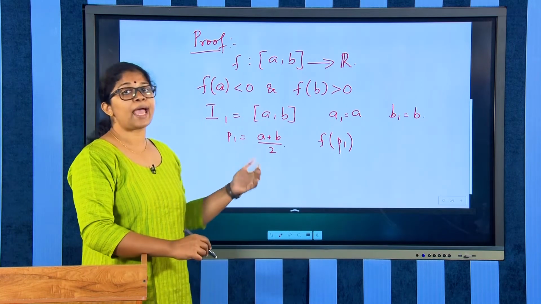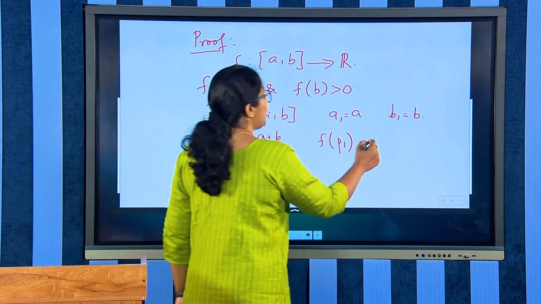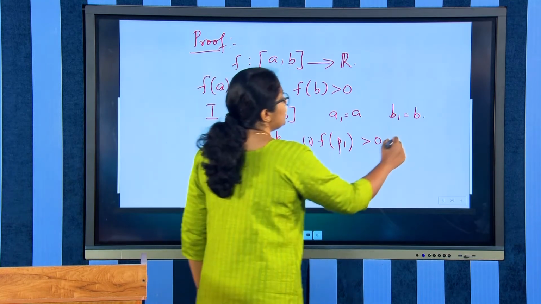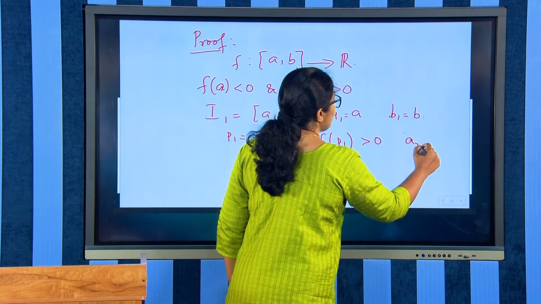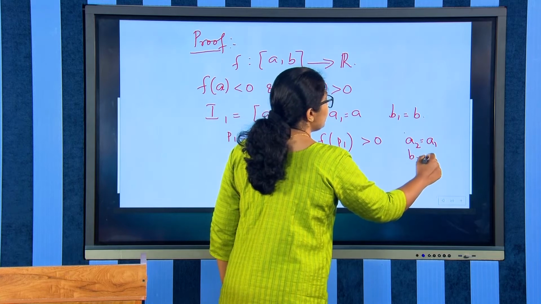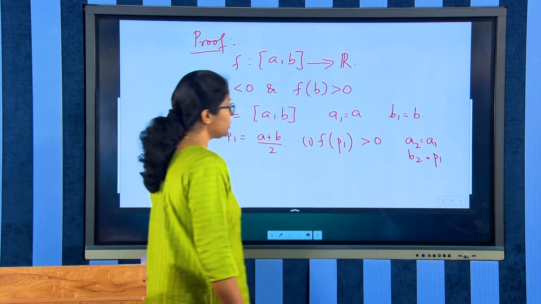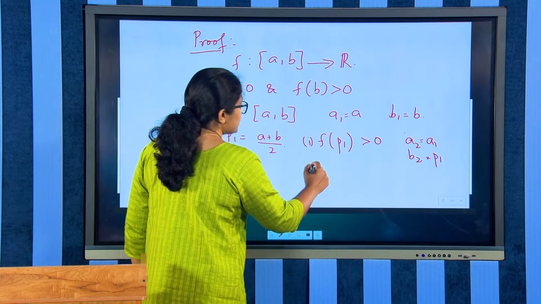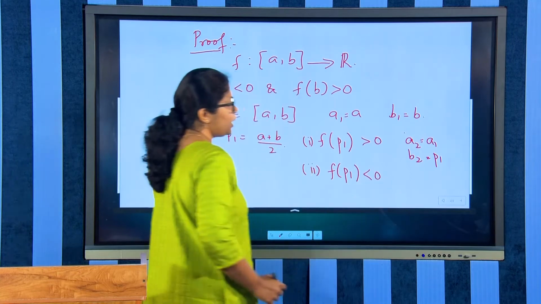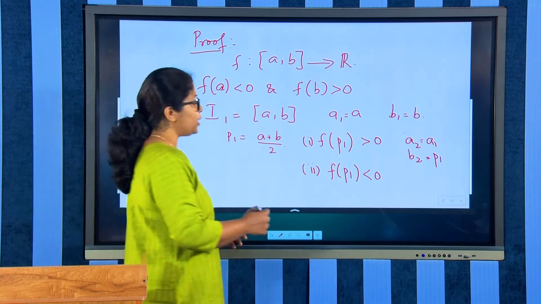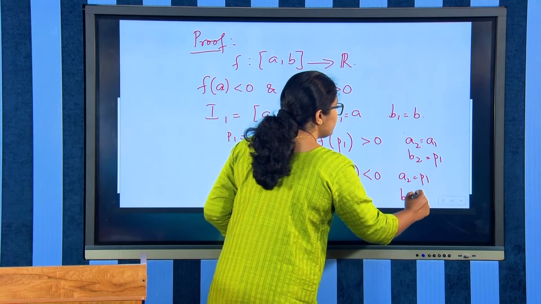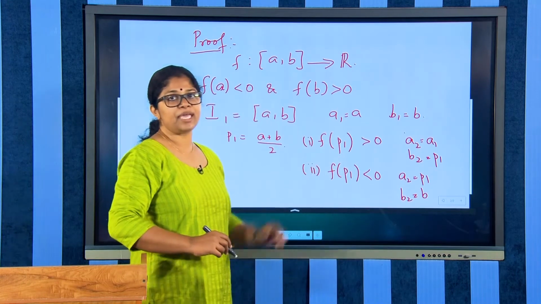If f of P1 is greater than 0, that is the first case, take A2 equal to A1 and B2 equal to P1. The second case is, if f of P1 is less than 0, we shift to the next value, A2 equal to P1, and B2 we retain as B itself.